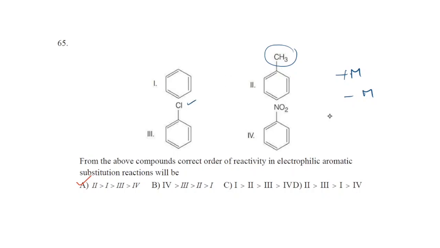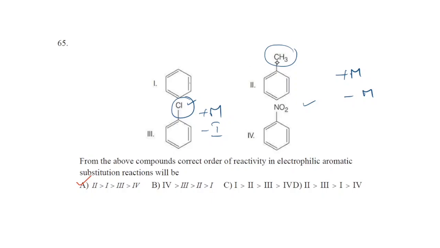Then what about Cl and NO2 here? If we consider benzene and chlorobenzene, though the chlorine is showing plus M effect, because of its minus I effect, it deactivates the ring and hence is less reactive than benzene. Understand or not?